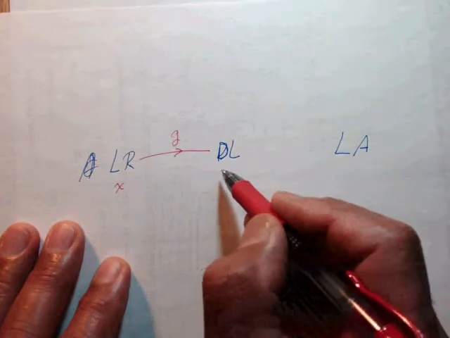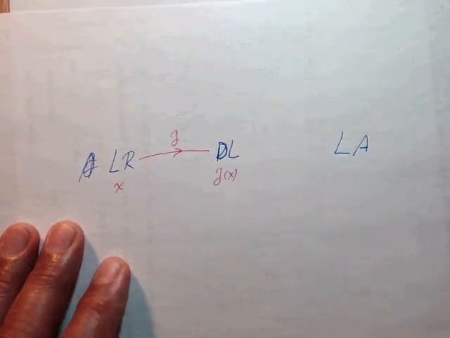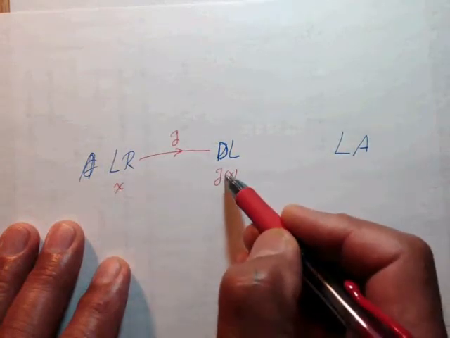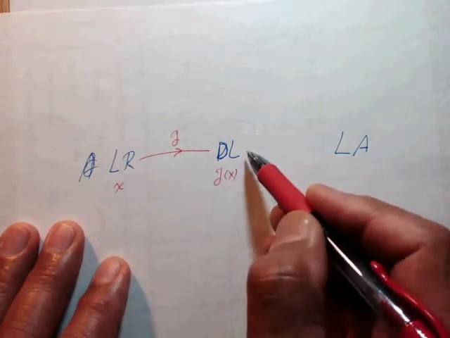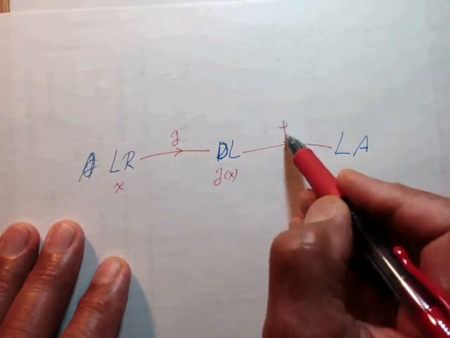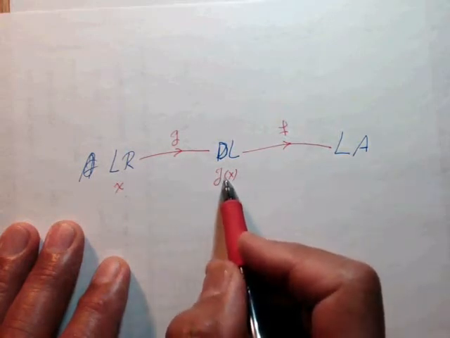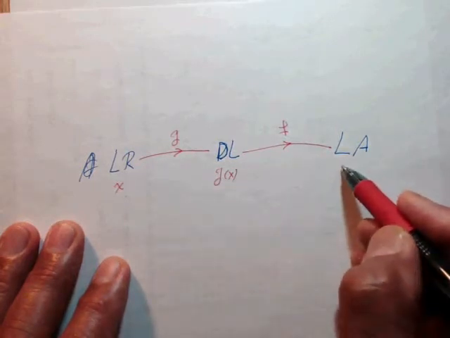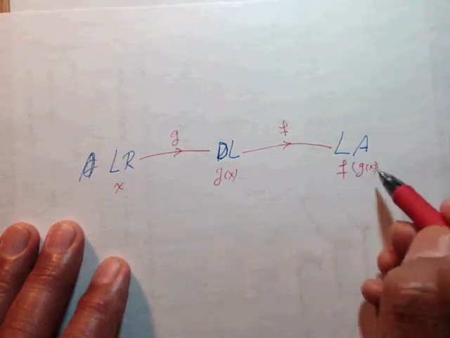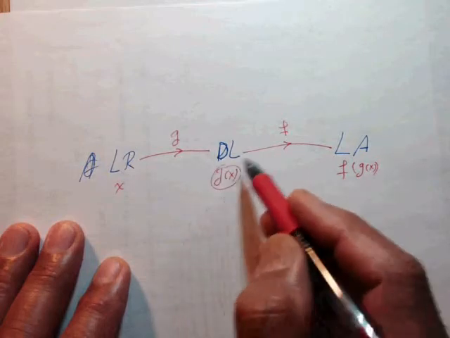So when you get to Dallas, you are G of X. So this is U, now you became G of X, means you are in Dallas. Then from Dallas, you take another flight, let's say flight F, to get to Los Angeles. G of X is U. So when you get to Los Angeles, you're gonna be F of G of X, see? But not G of X is U, it's the whole thing. So F of the whole thing.